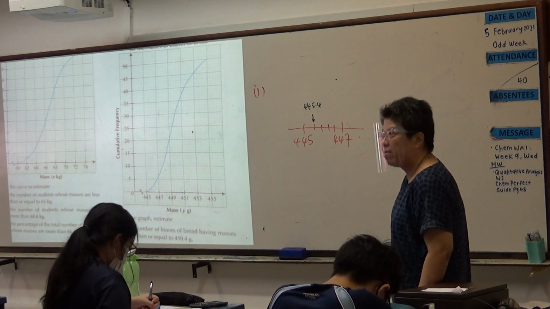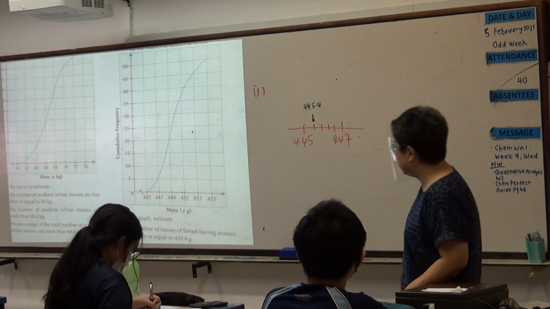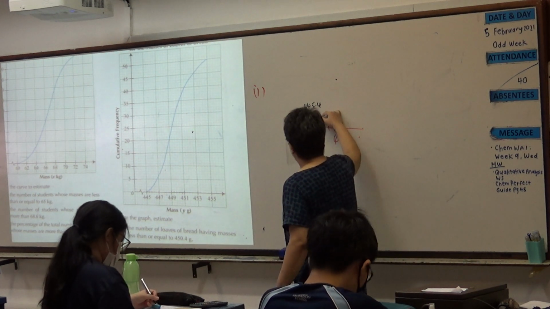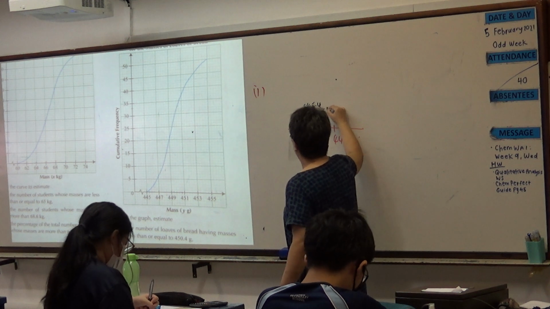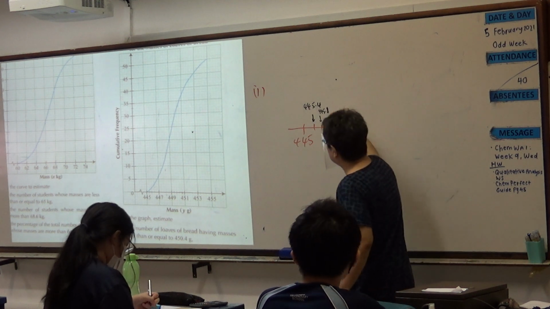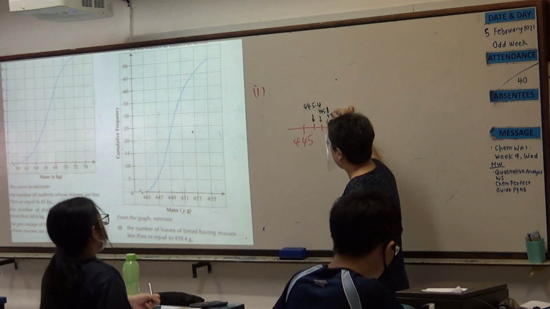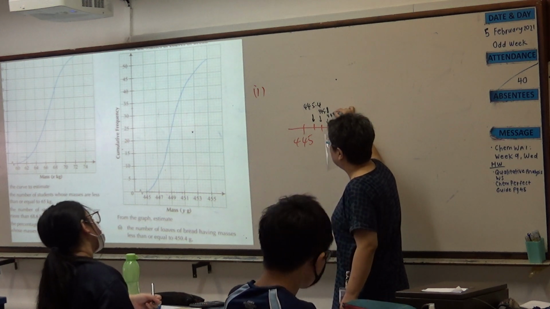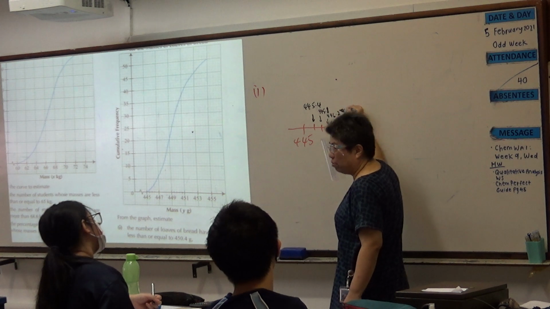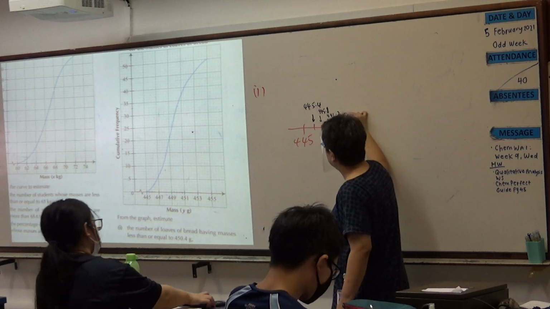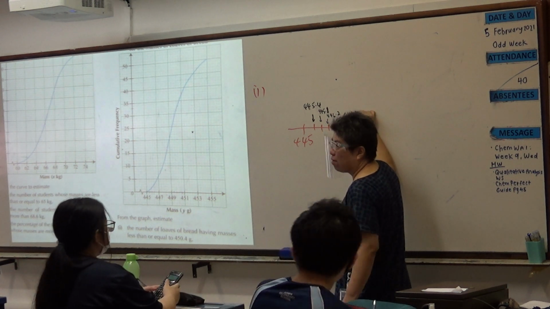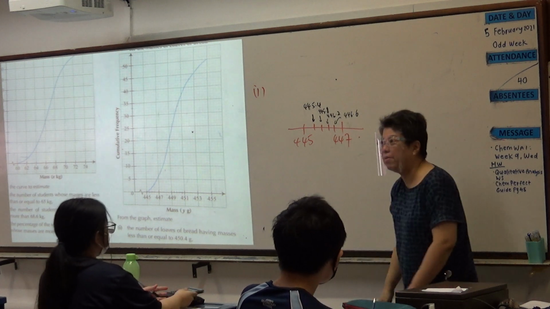Correct? Yes or no? Yes, okay. Then how much is this? 445.8, right? Then how much is this? 446.2, right? Then after this, 446.6. Then you go to 447, right?